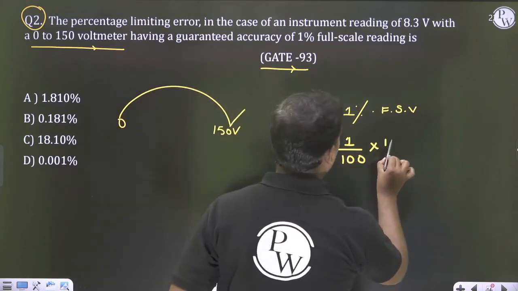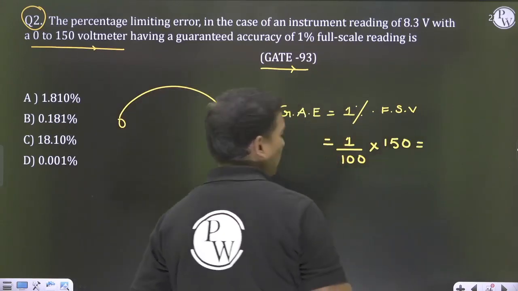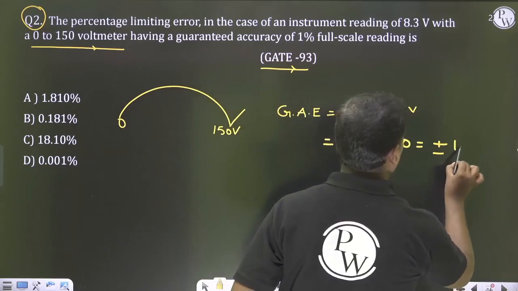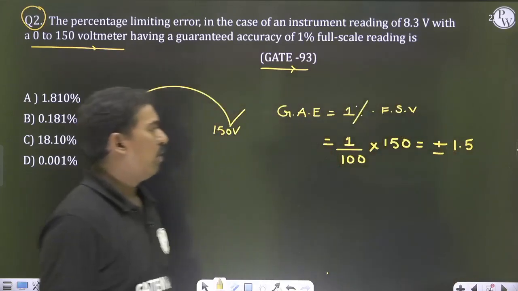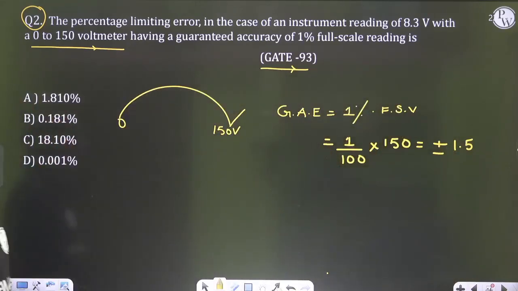The full scale value is 150, so that is coming as plus or minus 1.5. We can also call it the limiting error.